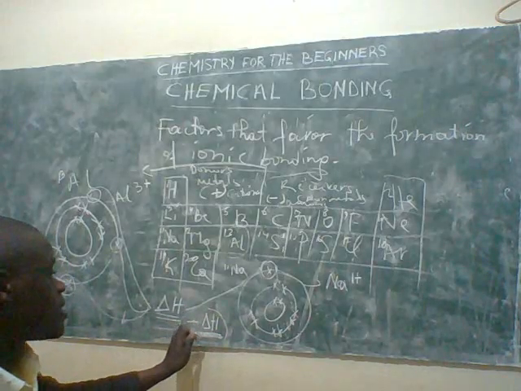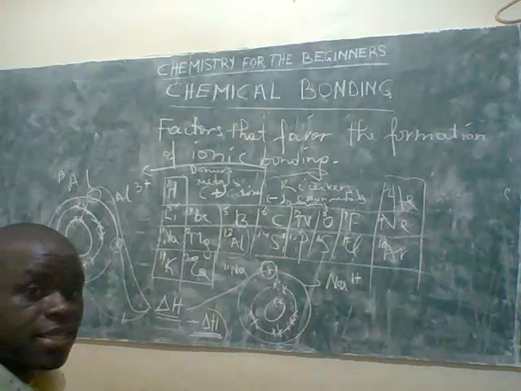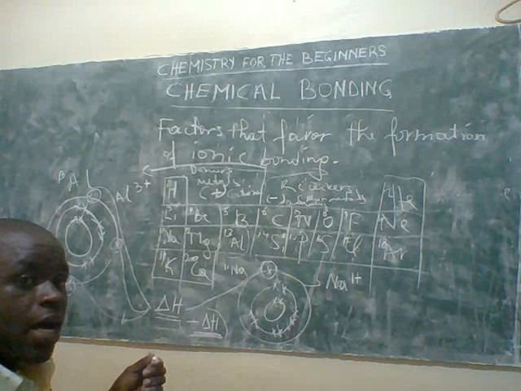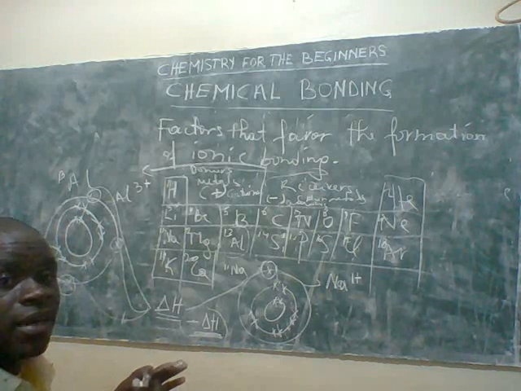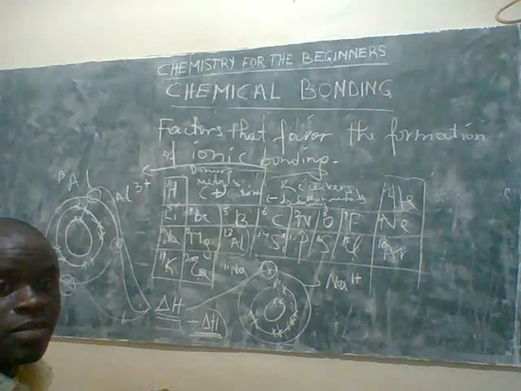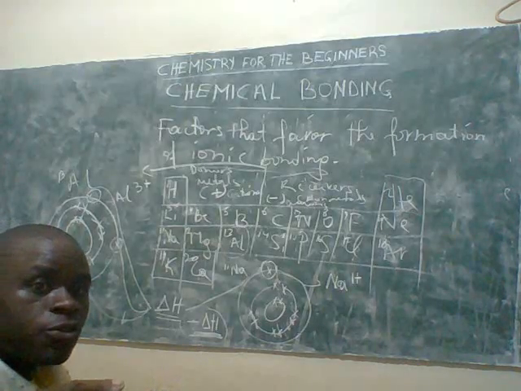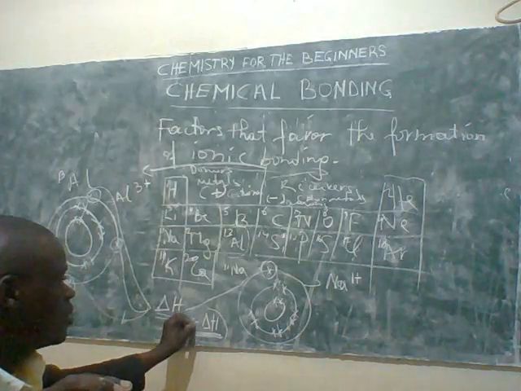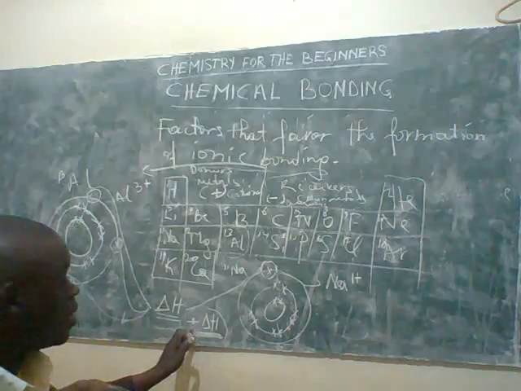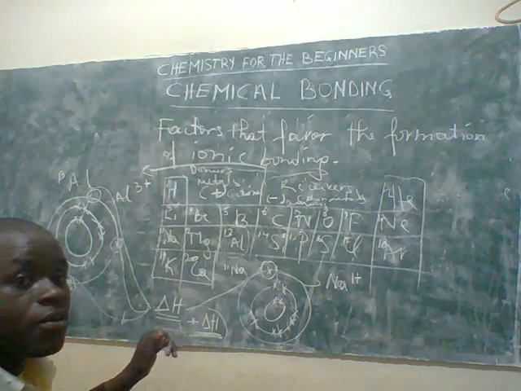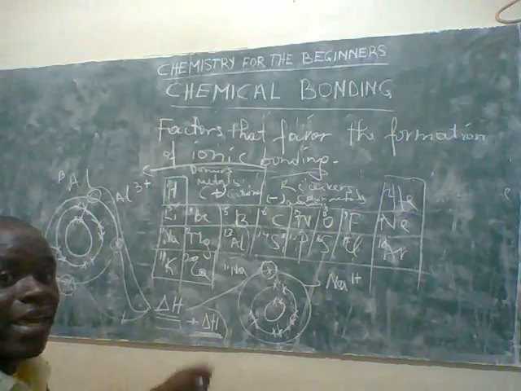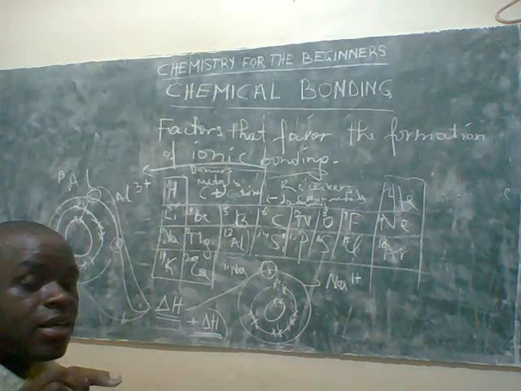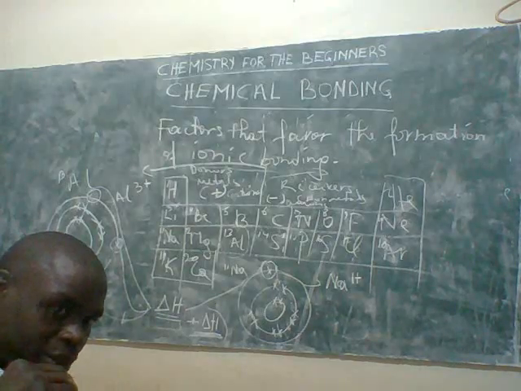But for those substances that you mix where a reaction has taken place and you feel like nothing happened in terms of temperature, you will see that they produce very low energy during their formation, which means their electron affinity is low.